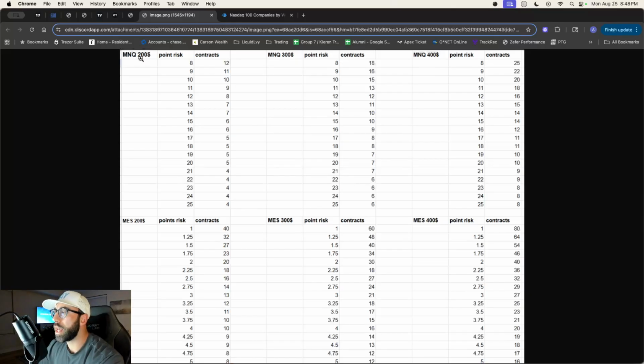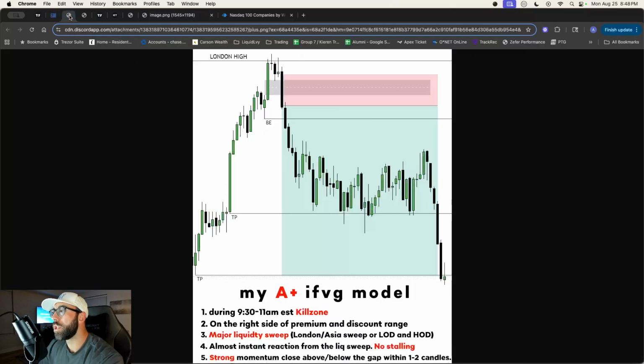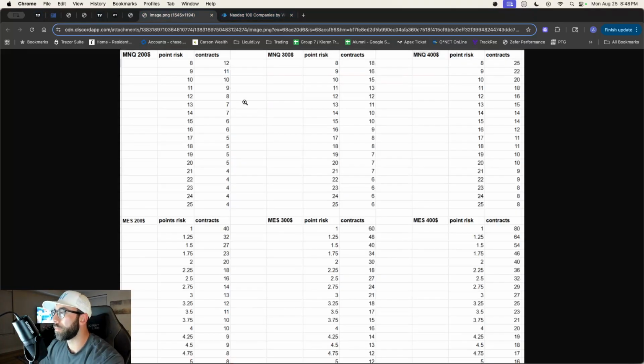And how you would see that on the chart is when you take this trade, you notice that price is here and here, and let's say this whole gap is 20 points. So if it's 20 points, that's your point risk here, 20, right?